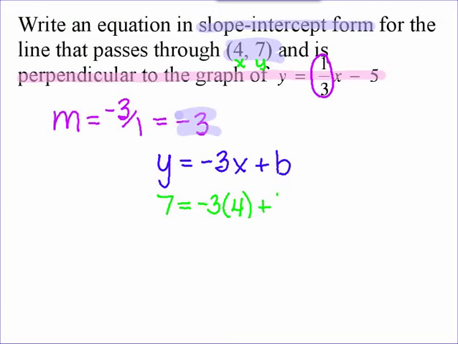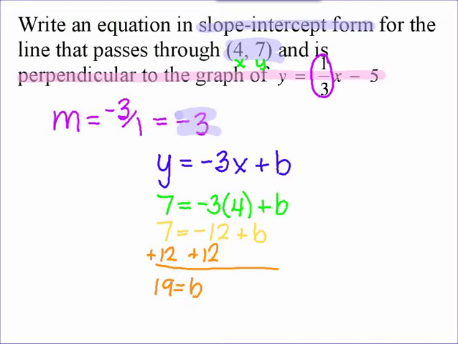Now I need to simplify. I'm going to take -3 times 4, which is -12. What will my next step be? Add 12. So what do I get? 19 equals b. Now I don't stop there.